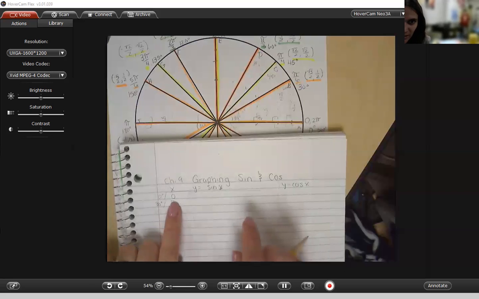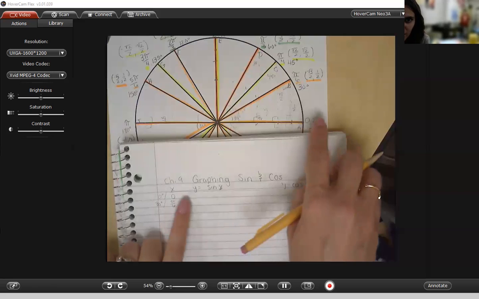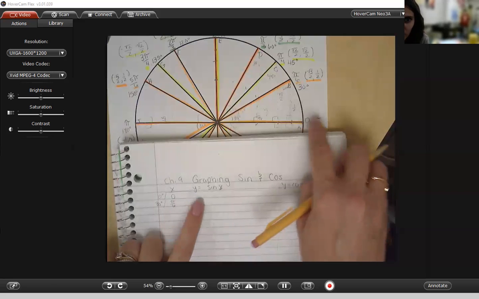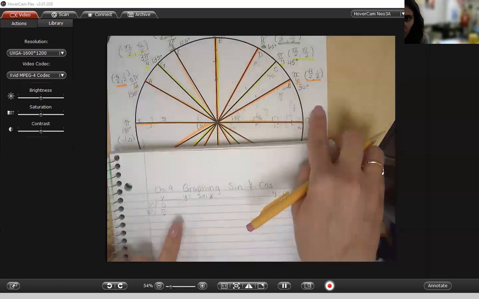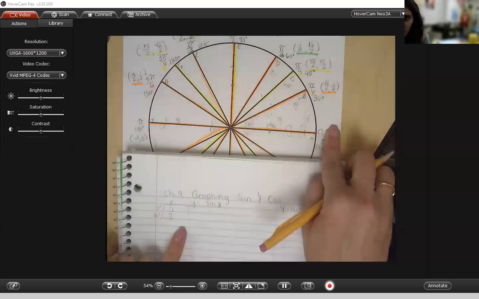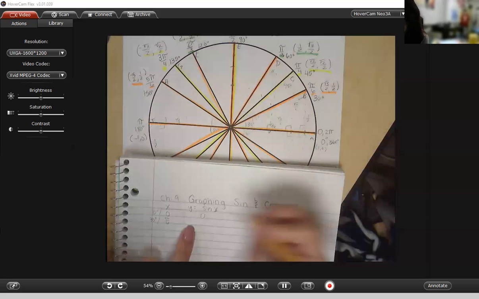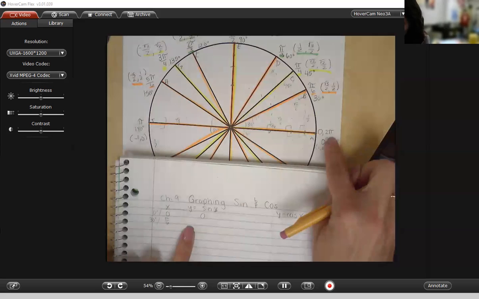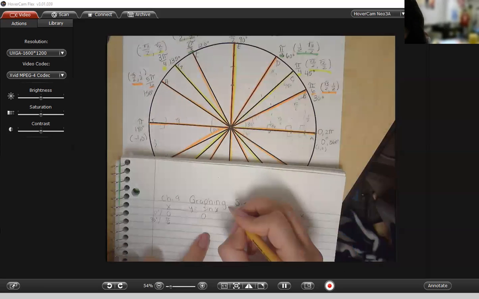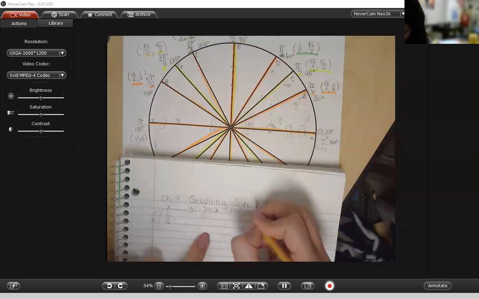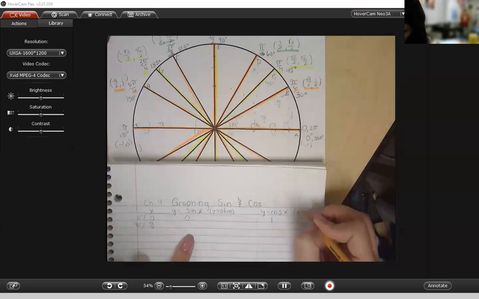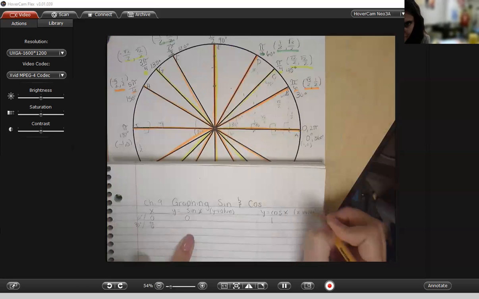So when x is 0, the sine is going to be the y value, and the y value at 0 radians is 0. My cosine at 0 radians is 1. Remember, sine is the y value, whereas cosine is the x value at that coordinate.